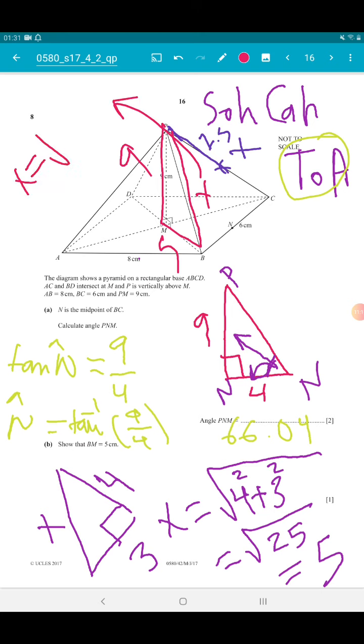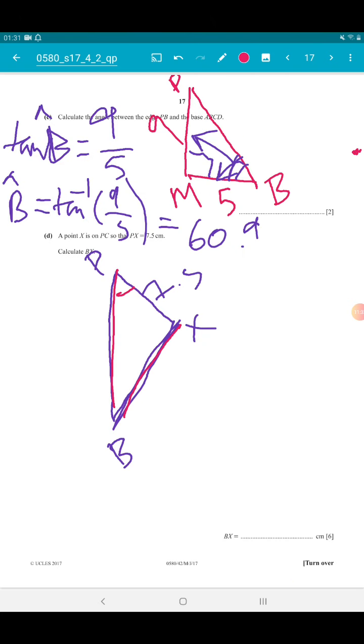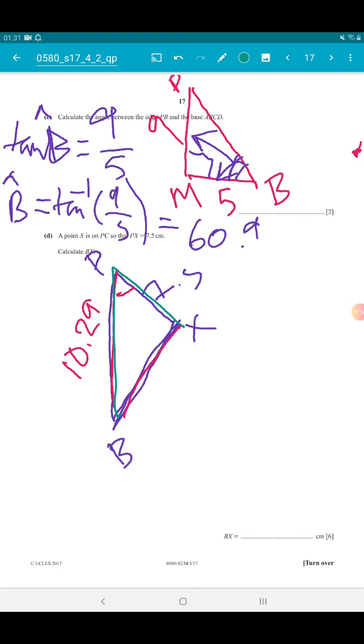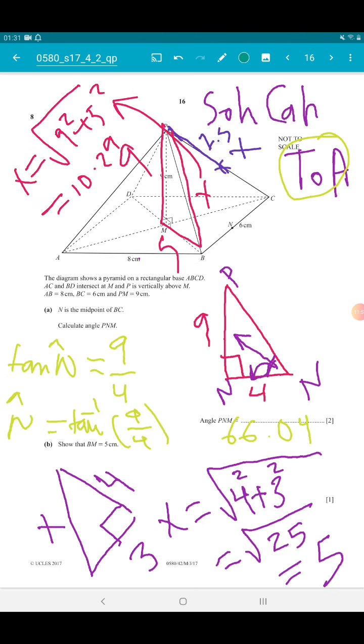X equals the square root of 9 squared plus 5 squared, which, using your calculator, is 10.29. So the next step, you should find angle XPB. Go back to the diagram. You should find this angle.